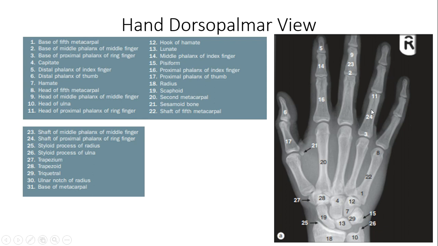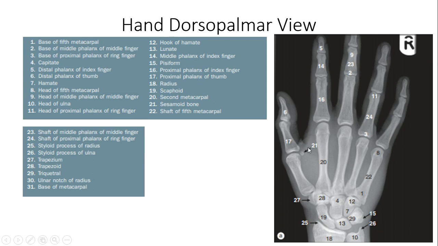Each phalanx has a base, which is the proximal end, and a head, which is the distal end. The distal ends of the hand are free, and you can see the soft tissues of the hand around these bones.